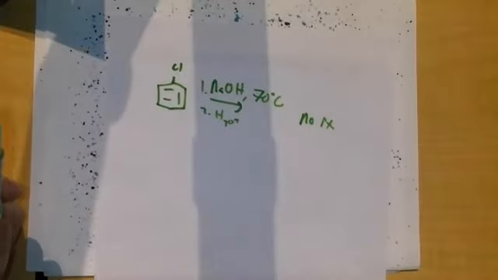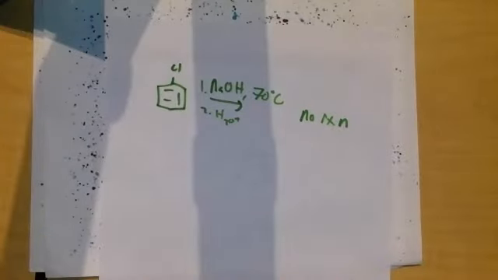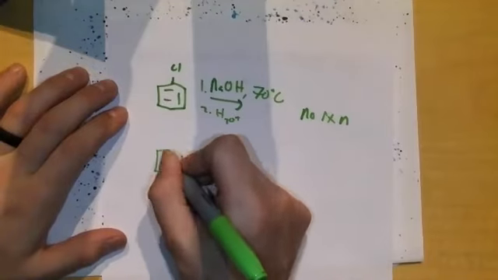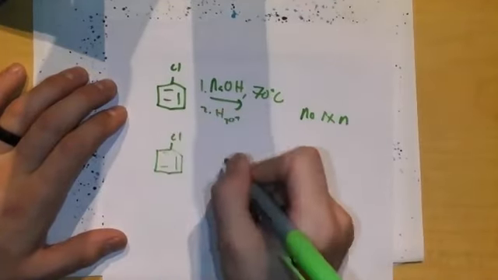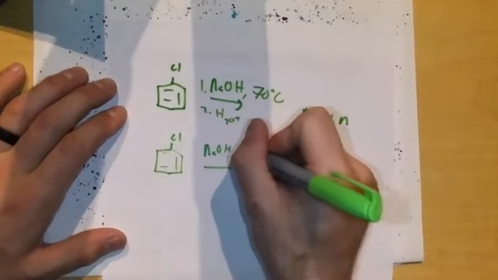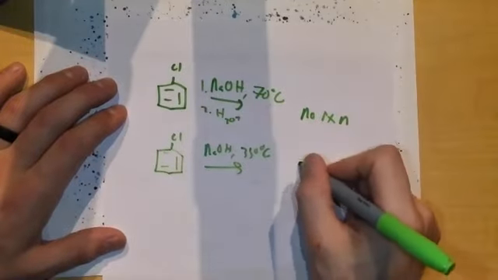You probably can't see my writing again. Your book talks about a way to do it at like 350 degrees. This is an example of something you probably don't want to do because it's going to most likely explode. So at extreme temperature, you could technically get this to work.